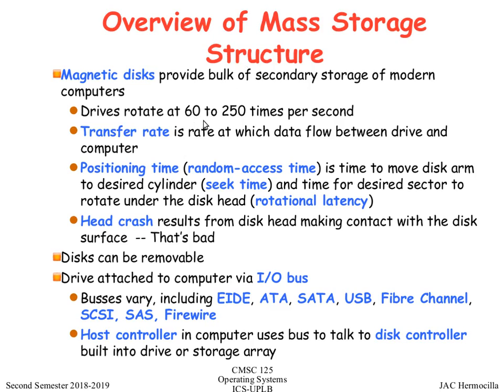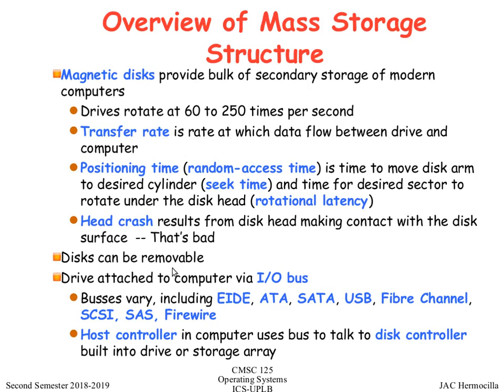This is a physical device, so you need to define what you call the transfer rate. It's the rate at which data flows between the drive and the computer. So you purchase a computer, you purchase a drive, and the transfer rate is how much you can transfer, or the time it takes for the computer to read data from the disk and place it in the memory.